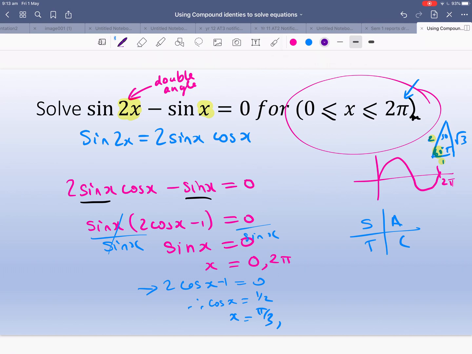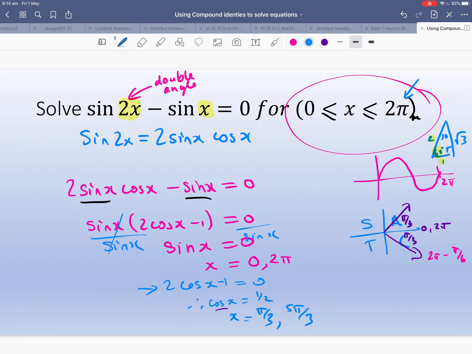So we know we have a solution here because cos is positive, but there's another solution here. So because that's 0 and 2 pi, and our related angle is pi on 3, our second solution will be 2 pi minus pi on 3, which actually happens to be 5 pi on 3.